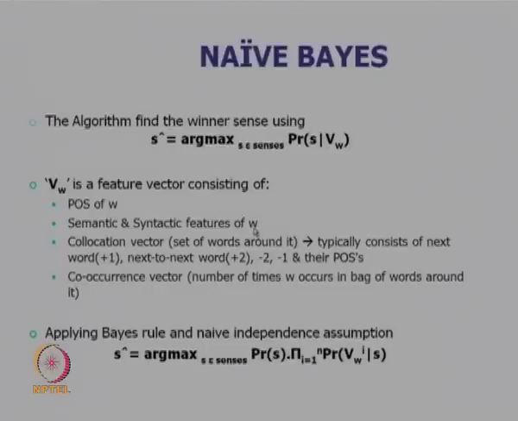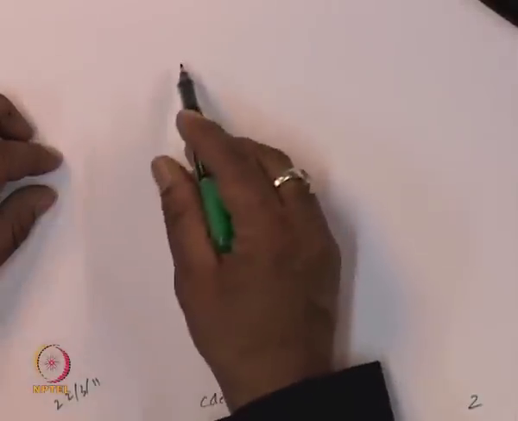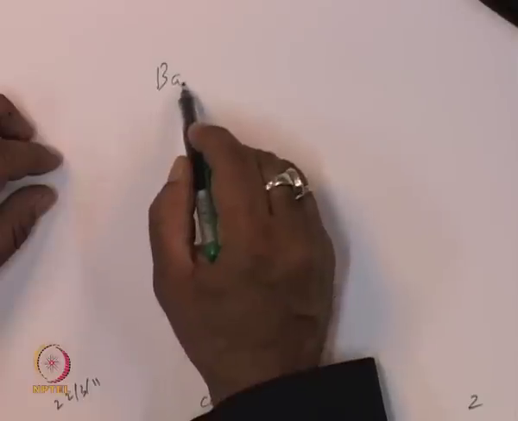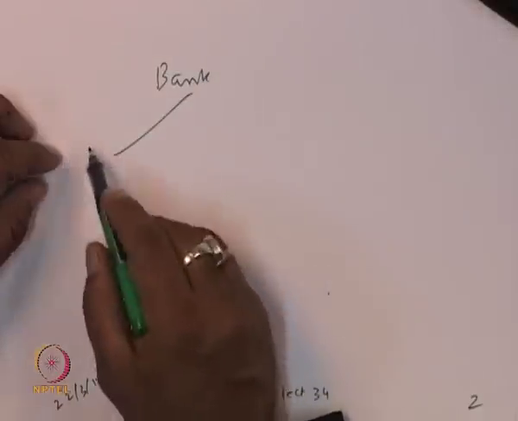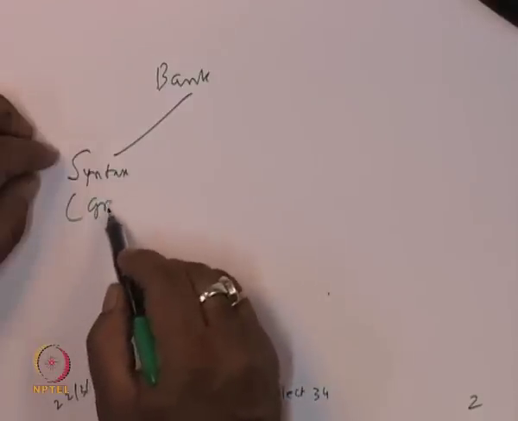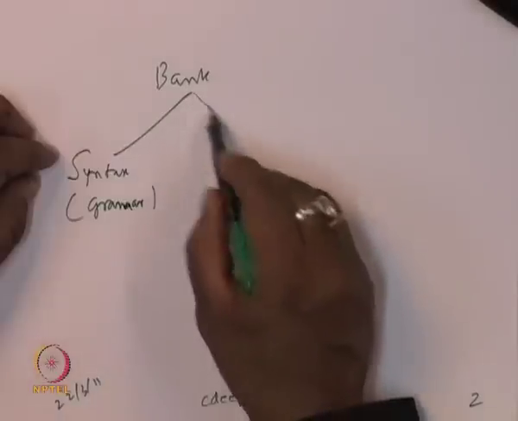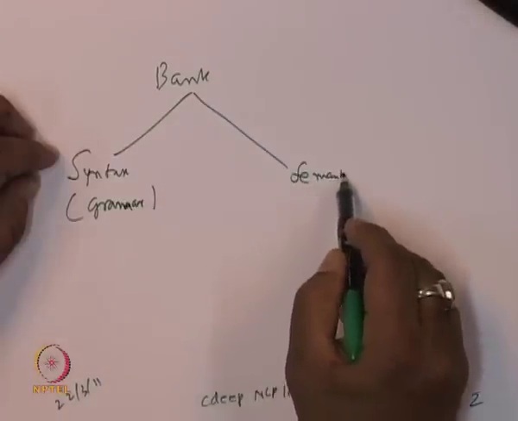So, let us record some of the properties of the example we are discussing. Let us take the word bank, I will write it here. What properties of bank do we have under syntax, that is grammar, and semantics?